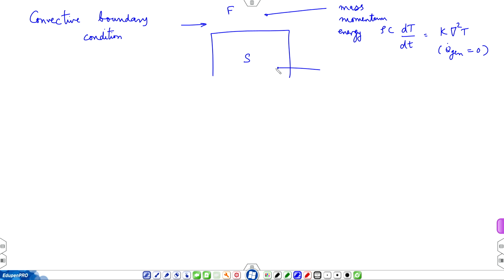So, in the solid material you are only solving k del square T. This is the equation being solved. Now, you have to watch out, because this rho c here is of the fluid phase, k f, and this rho c here in the solid material is of the solid phase.